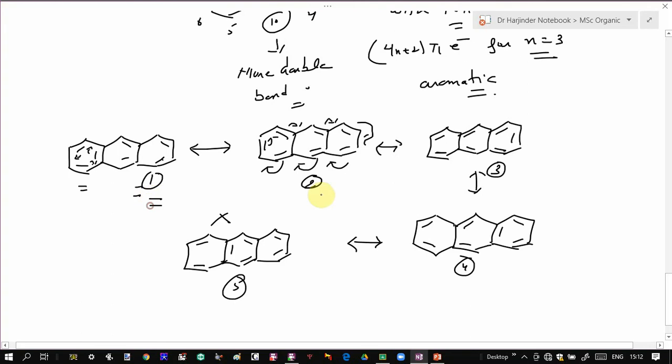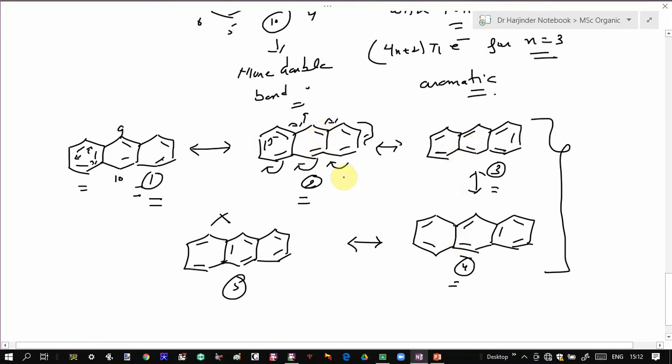So these are four resonance structures of anthracene molecule. Now you can see in all these resonance structures, there is a double bond character at position number 9 and position number 10, because in each structure there is a double bond present over these two positions.